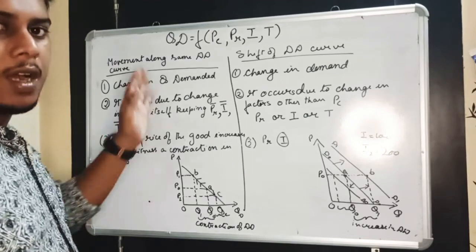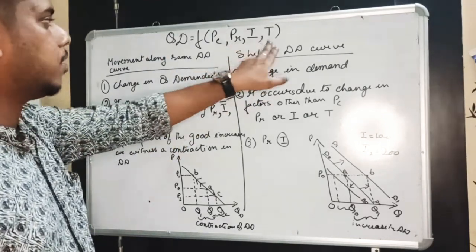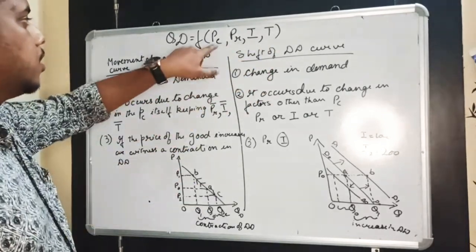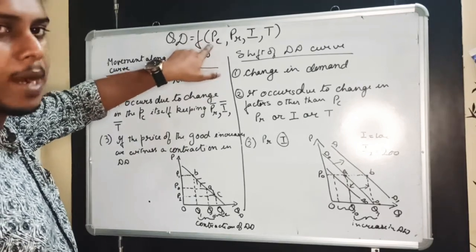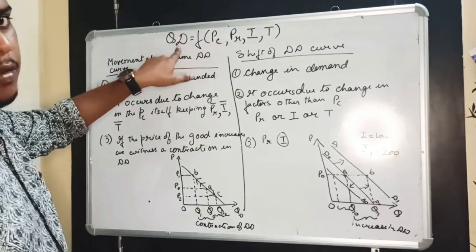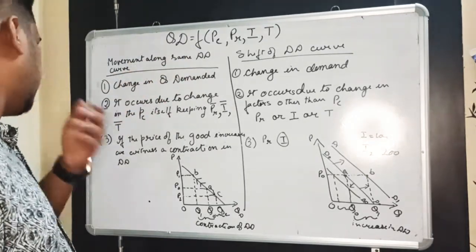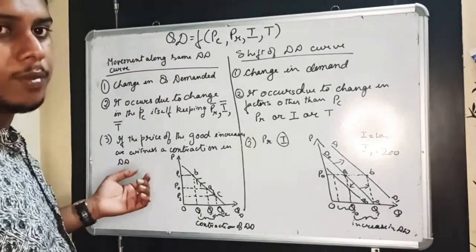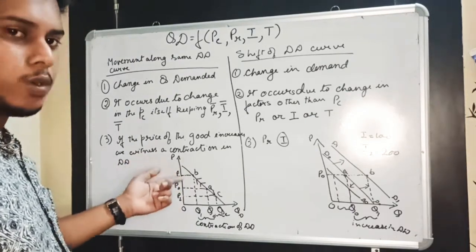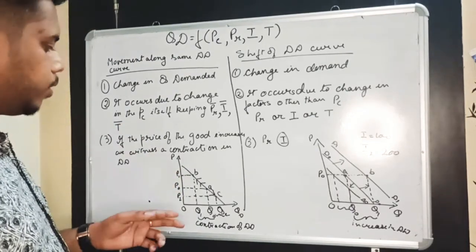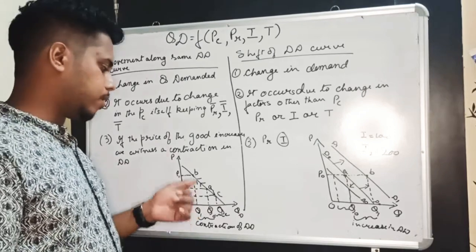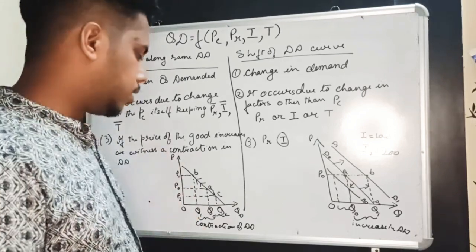Okay, keeping other factors constant, keeping these three factors constant, we are just studying the relationship between the price of the commodity and the quantity demanded over here. And contraction in demand can be shown by an upward movement along the same demand curve, whereas an expansion in demand can be shown by a downward movement along the same demand curve.